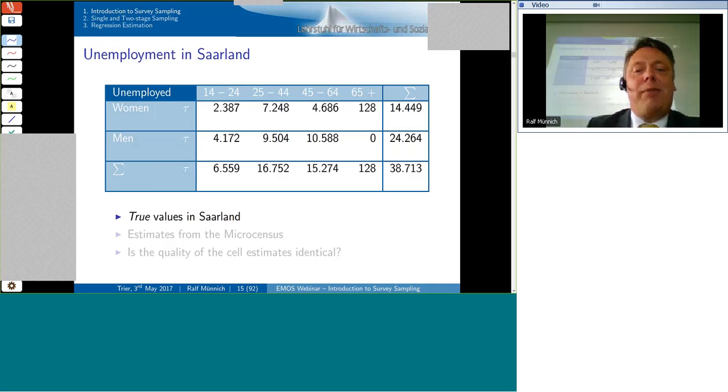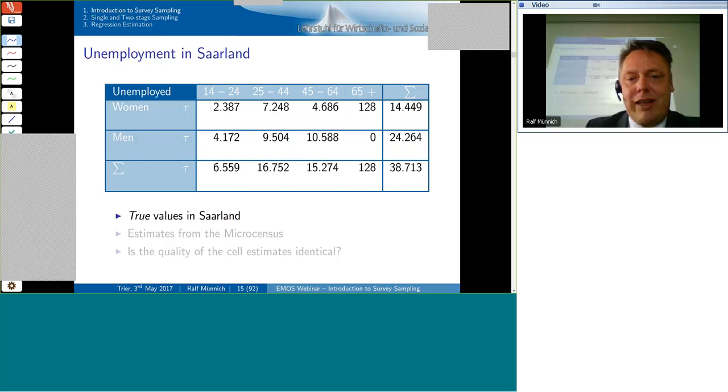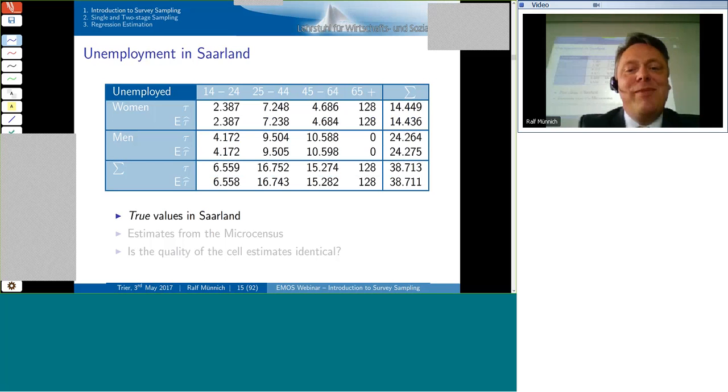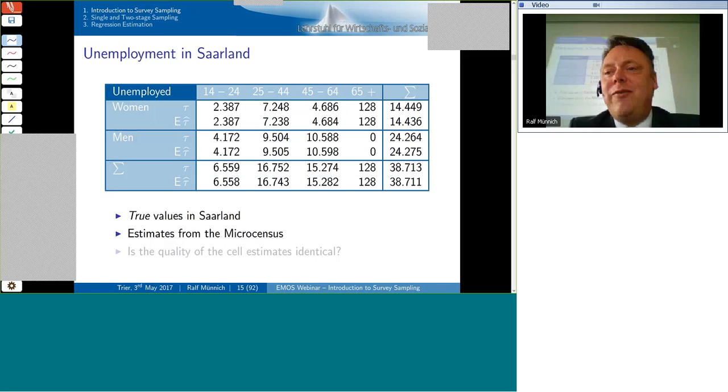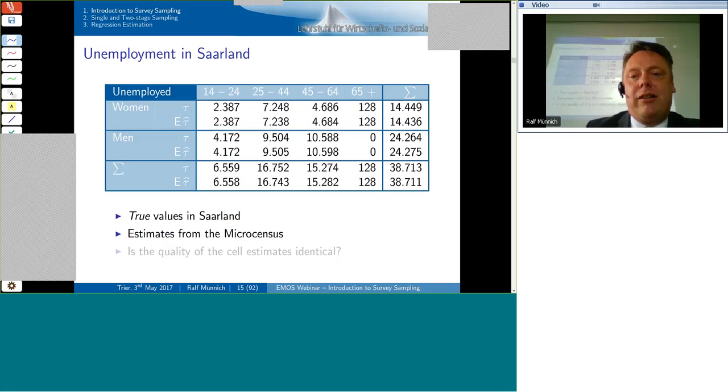If you see the table here, we repeat it, drawing estimates from the microsamples and taking the average over 10,000 simulation results. Here they are, the averages of the estimates. We see very little differences in most of the cases. Here it's exact, here there is a tiny difference. The question for us, of course, is whether the quality of the cell estimates is identical.